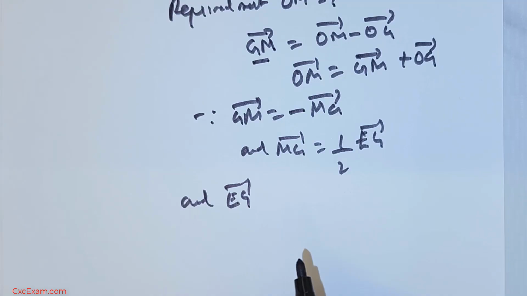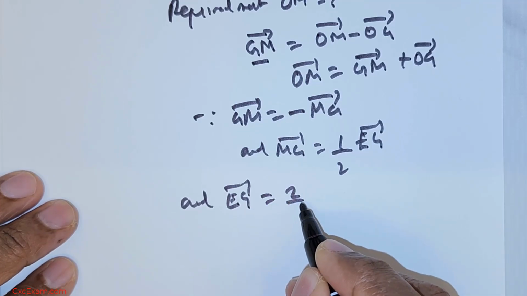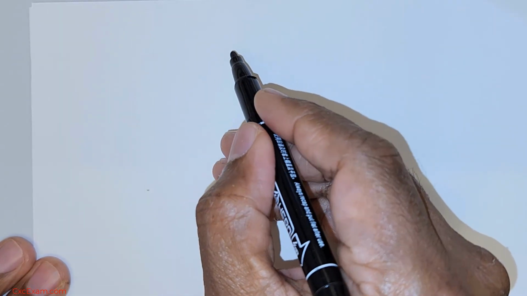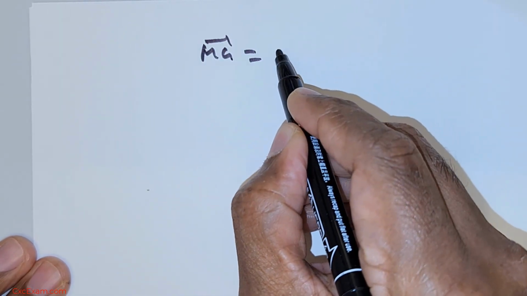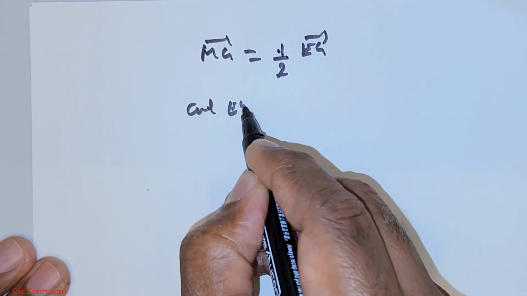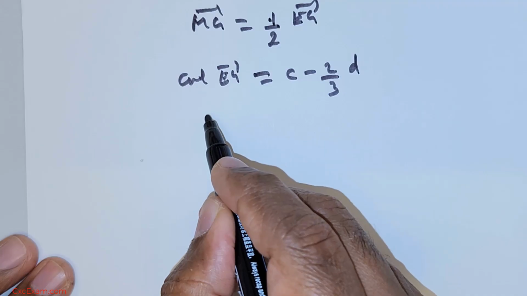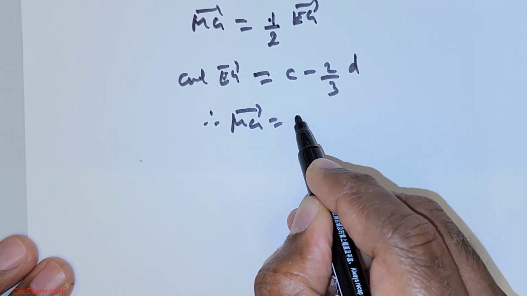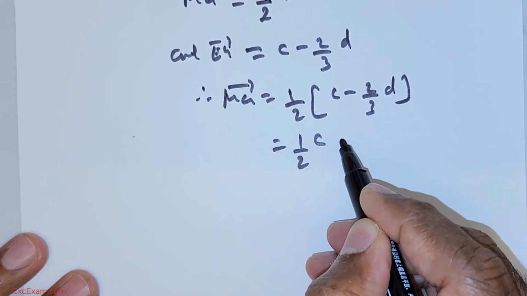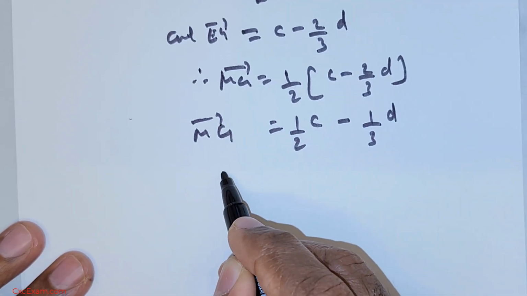and EG vector is what? EG vector is this, C minus 2 over 3 times D. So we have MG is given to be equal to 1 over 2 times EG, and EG is C negative 2 over 3 times D. So this means MG is equal to 1 over 2 times C negative 2 over 3 times D, which is 1 over 2 times C negative 1 over 3 times D. This is my MG.